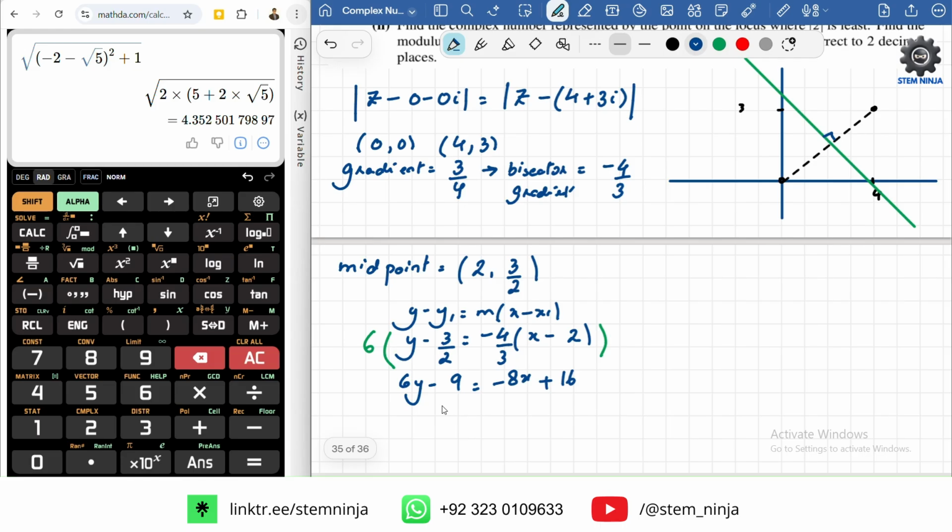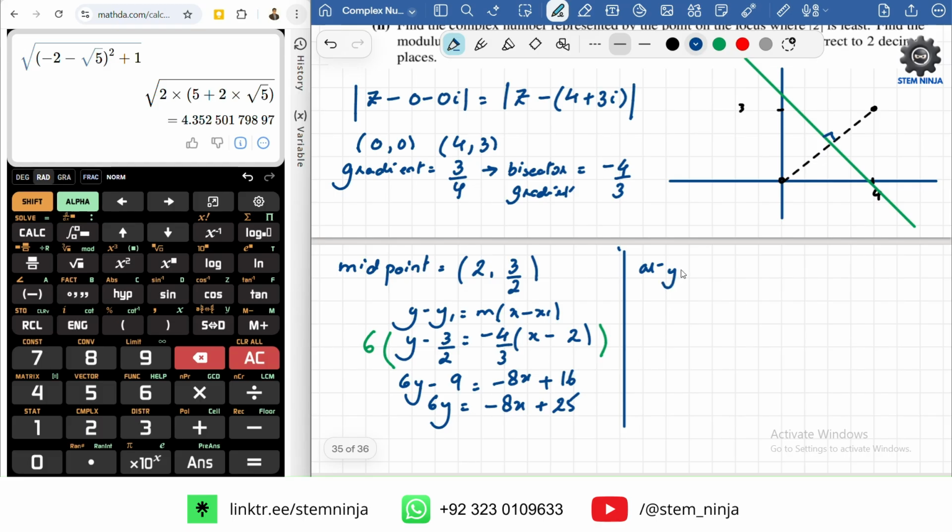So this would further be simplified to 6y equals minus 8x plus 16 plus 9, which is 25. So this is the line, and what we need is to show the coordinate axis intercepts.